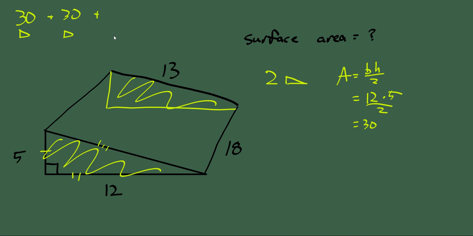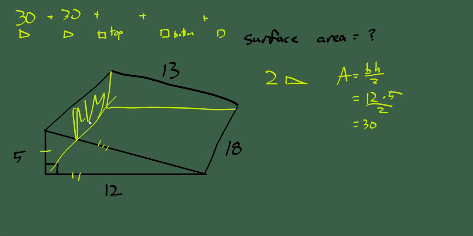I still need the rectangle on top. I still need the rectangle on the bottom. And I still need the rectangle that is back here on the left, I guess from our point of view here.